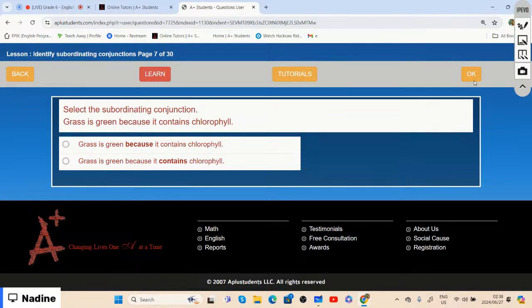So is it because or is it contains? We need to select the subordinating conjunction.